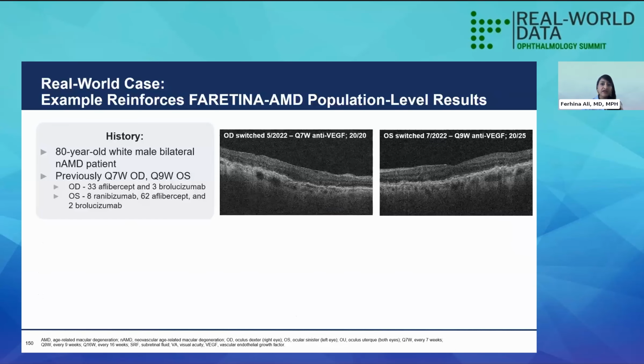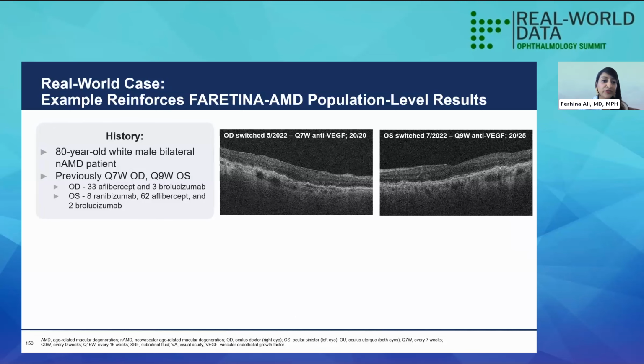Now, this is a patient case to give us some context here from Dr. Lang at Stanford. An 80-year-old white male with bilateral neovascular AMD. This patient was Q7 week maintained in their right eye, Q9 week in the left eye after a history of multiple prior anti-VEGF injections.